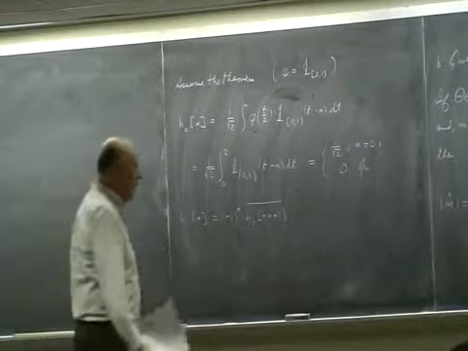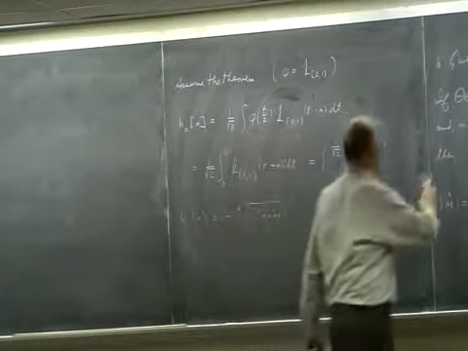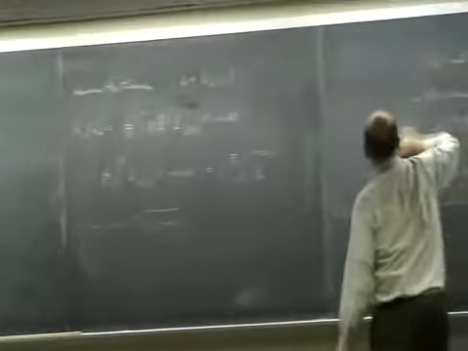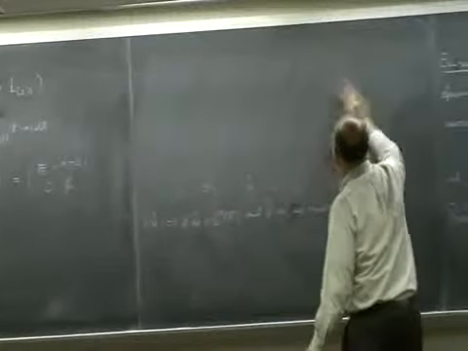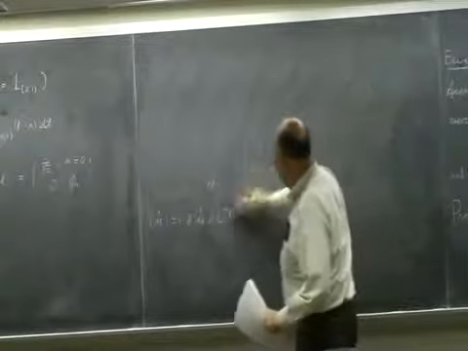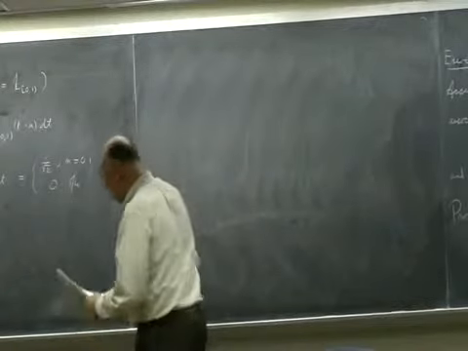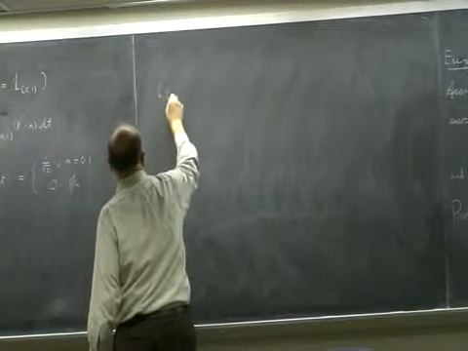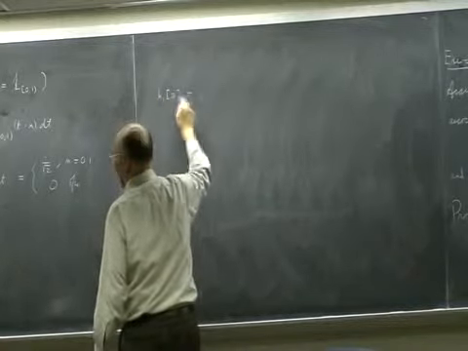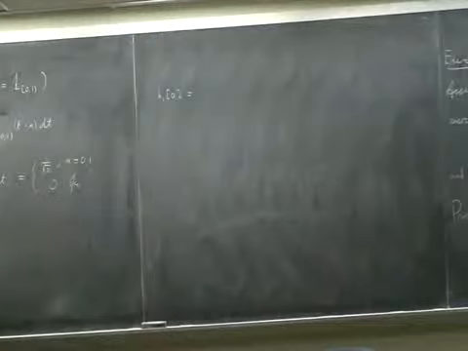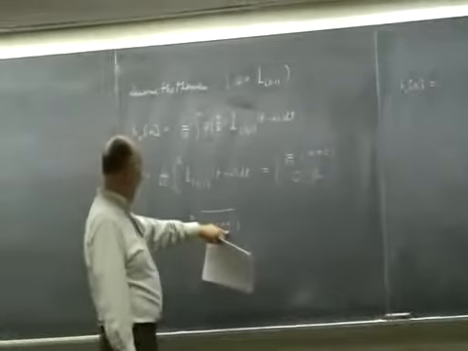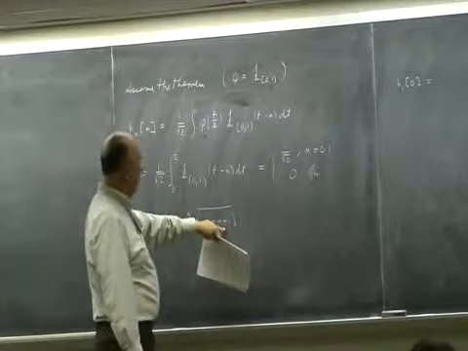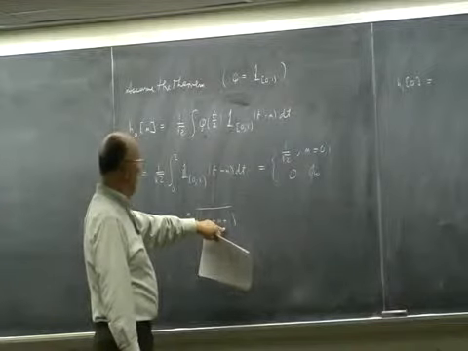And so what does that mean? That means I want to compute what the H1s are, all of them. I've got that, what's H1 of 0? H1 of 0 is H0 of 1, which is 1 over the square root of 2.